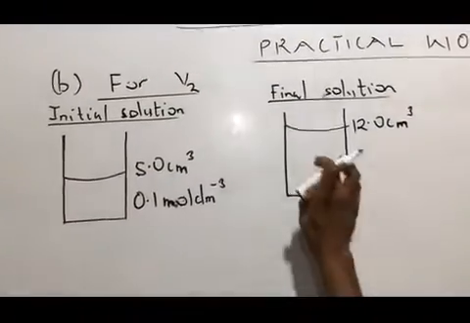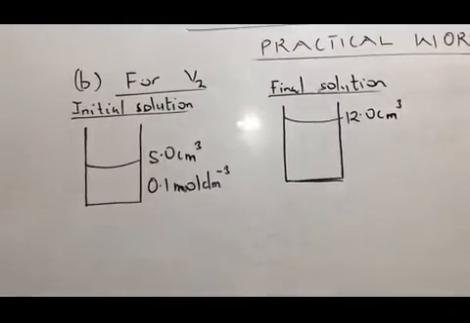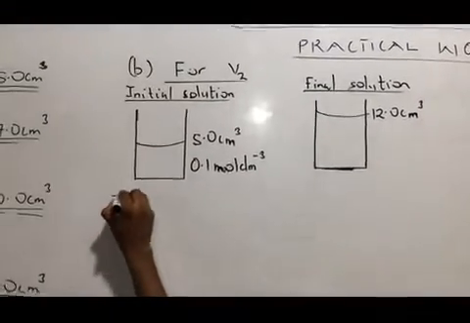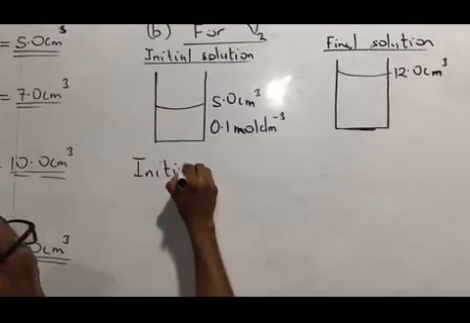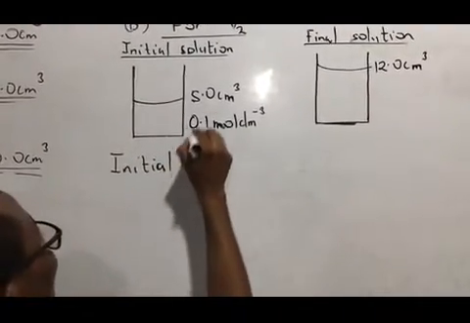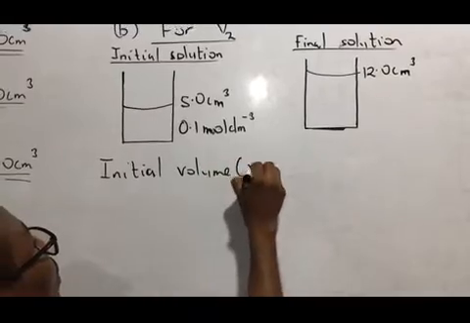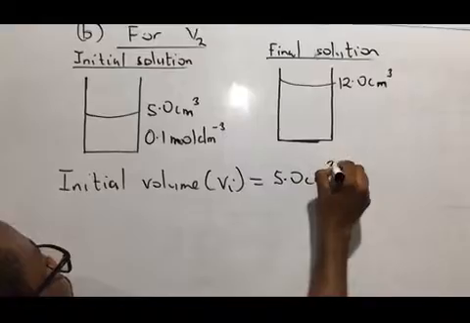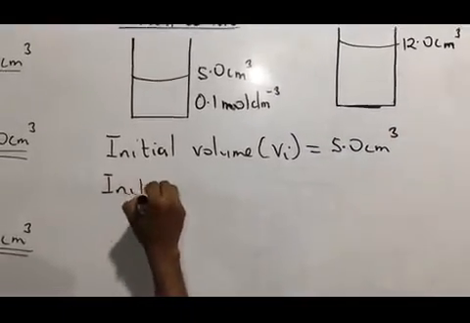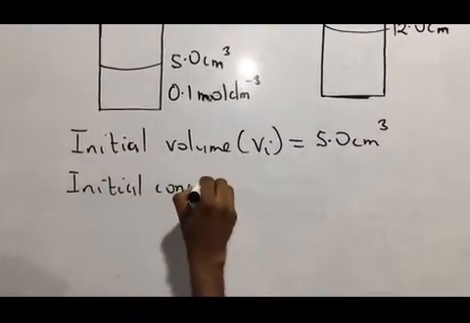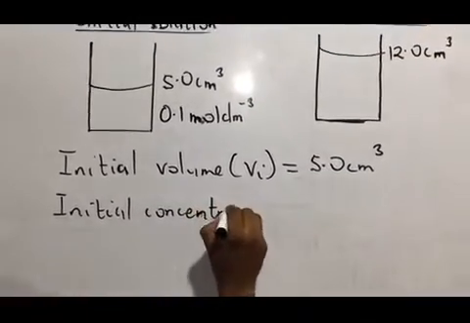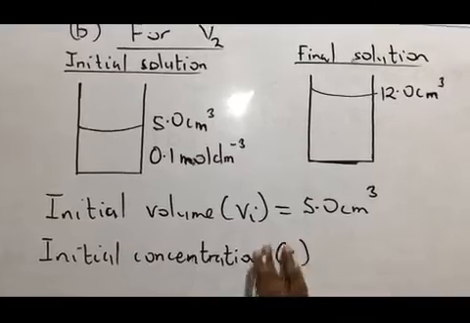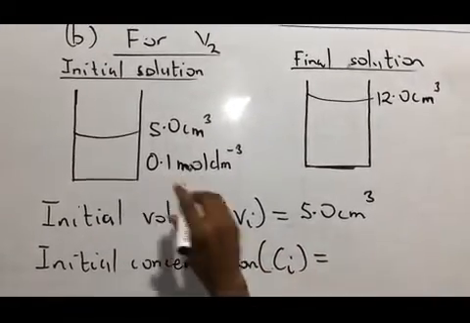Okay. So we don't know the concentration, or the molarity, that's what we have been asked to calculate. So just like we did for the first one, we have the initial volume, VI, to be 5.0 cm cube. And have the initial concentration, CI, to be 0.1.